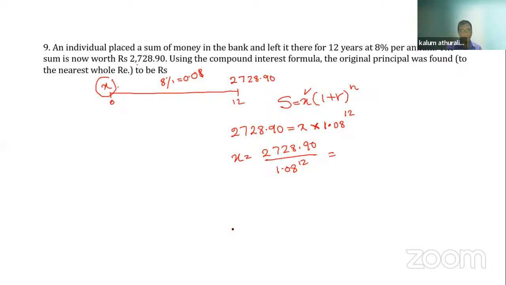Yes. $1,083.68, that means 84. 1,083.68, or the nearest rupee value is 1,084. Right. Then go to the next.